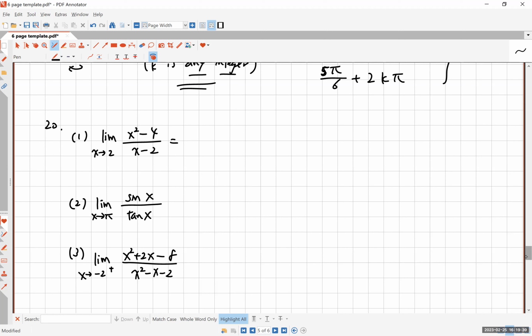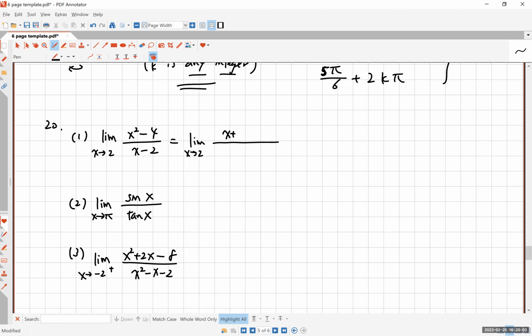All right, for number 1, if you plug in 2, you get 0 over 0. That does not mean, however, that the limit does not exist. You have to do some creative manipulation to get rid of the bad guy in the denominator, which is x minus 2. As long as you have x minus 2 in the denominator, you are not going to be able to plug in the number 2.